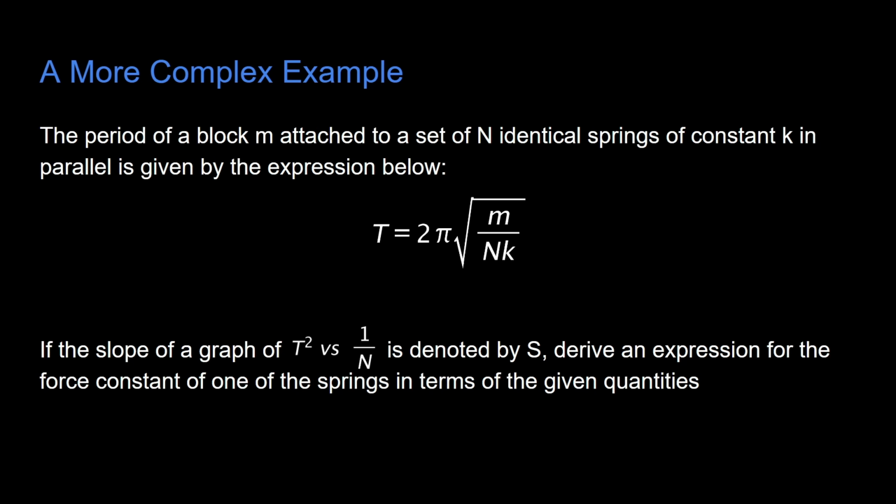So this is a very typical type of example we'll see, where we have to figure out what the slope is equal to in terms of variables, and then in terms of numbers, and then solve. So let's do that. It says a graph of T squared versus 1 over n. So let's see what we can do to transform this into a T squared versus 1 over n relationship.